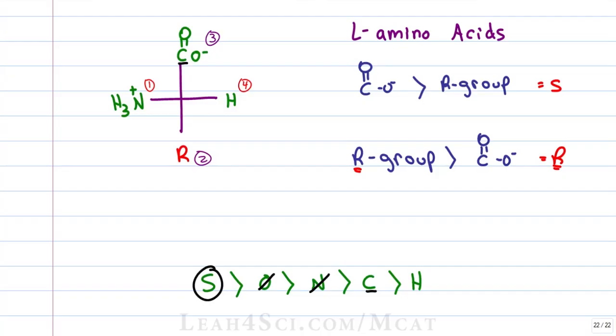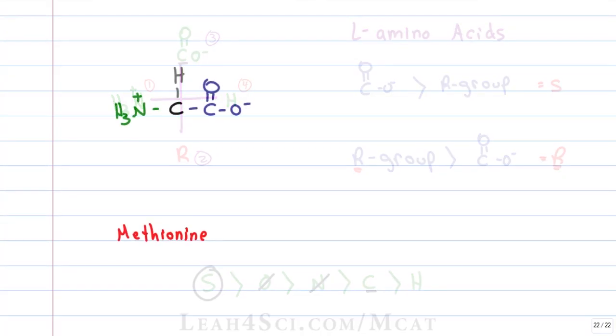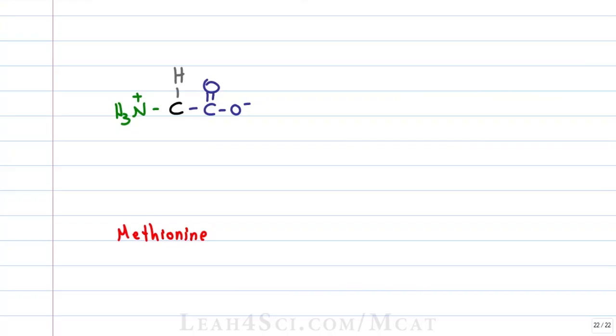There are 2 amino acids that have sulfur, cysteine and methionine. But if you think about the side chain for methionine, you have a CH2 bound to a CH2, and then finally you have this sulfur bound to a CH3. The C would cancel out compared to the carboxylate, but then the oxygen on the carboxylate will be compared to a carbon. You never get a chance to go as far as the sulfur, and so that doesn't count.